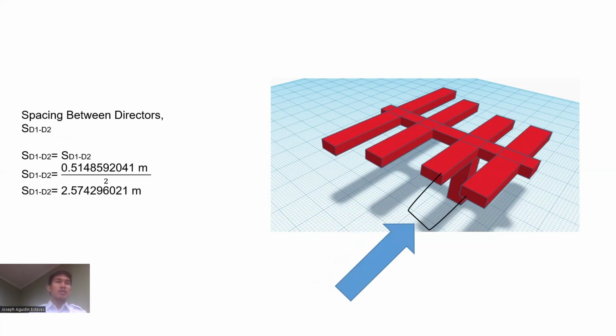Spacing between directors, or S director 1 to director 2: 0.51485922041 meters divided by 2, and the answer is 2.574296021 meters.